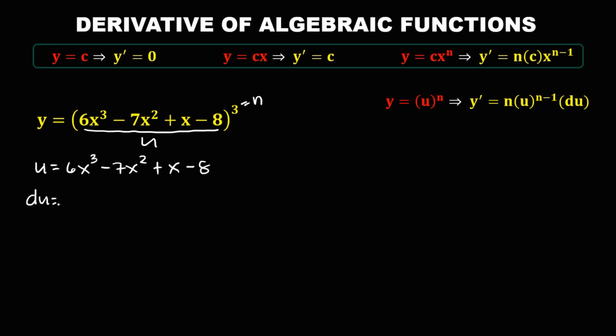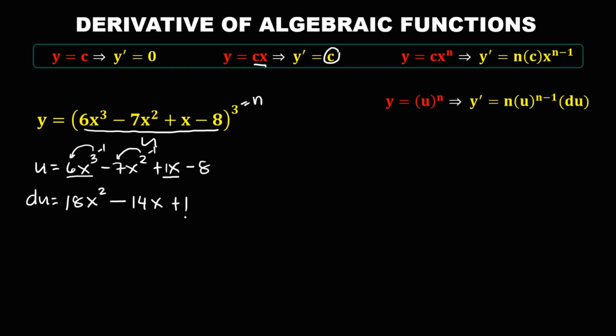Then du, or the derivative of u: for a constant and a variable with exponent, multiply this 3 times 6, this one is 18, then x to the 3 minus 1, power 2, then minus 2 times 7, that's 14, then x to the power 1, then plus a constant and a variable, so the answer is the constant since we have 1.